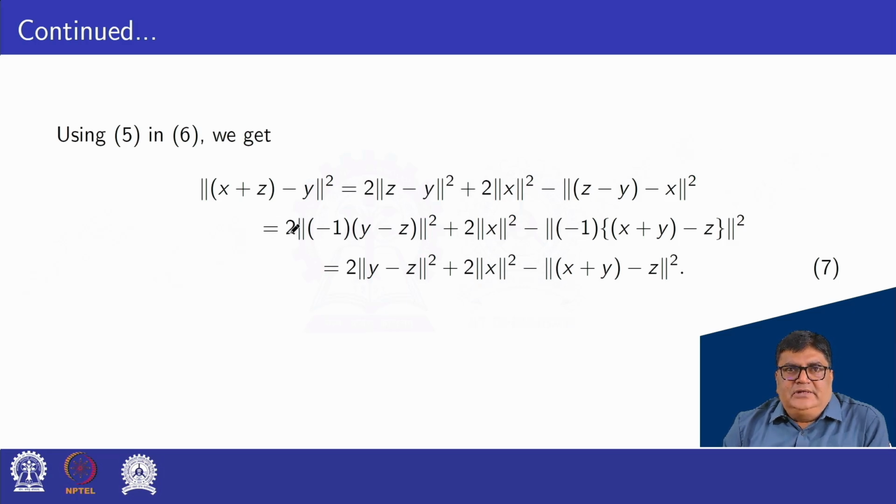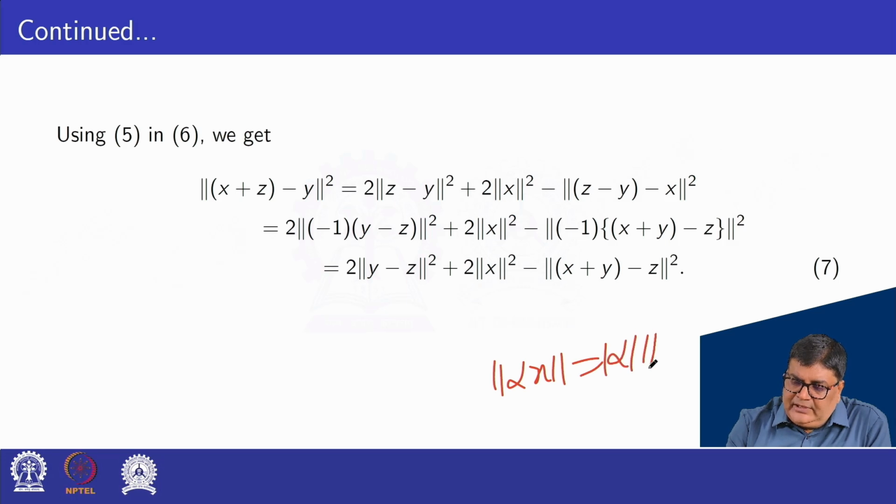Now, this can be written as 2, minus 1 common here. So we can write this plus 2 norm x square minus, again common minus 1. So this can be written as x plus y minus z. So this can be rewritten as this. Again apply the property norm alpha x is equal to mod alpha norm x.